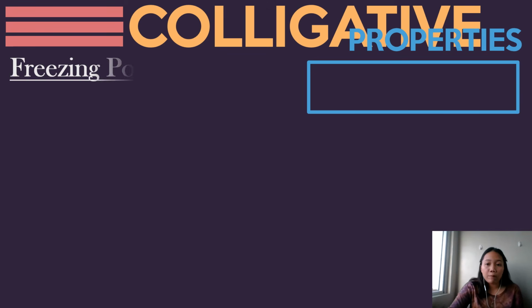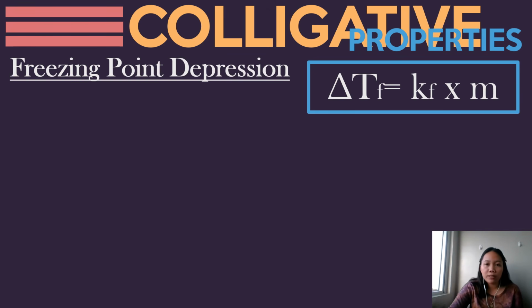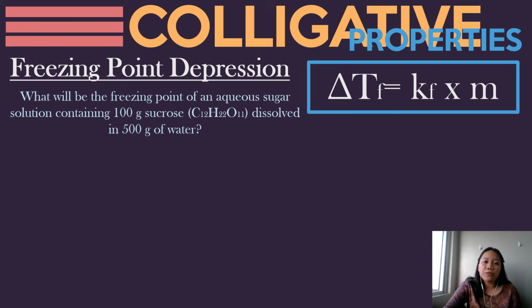Let's have a sample problem under freezing point depression. What will be the freezing point of an aqueous sugar solution containing 100 grams of sucrose dissolved in 500 grams of water? It's actually the same as the previous problem, but here, ang hinahanap naman natin is the freezing point.